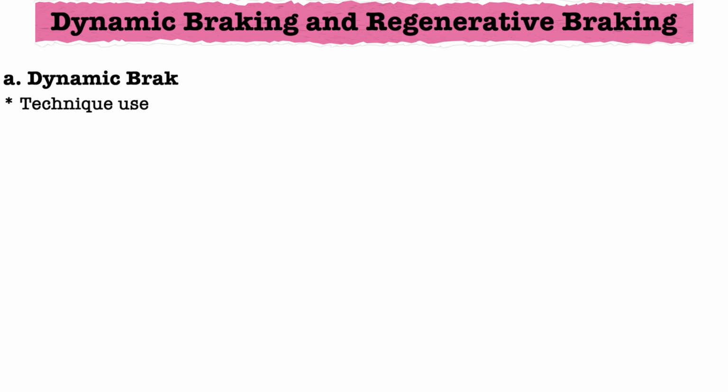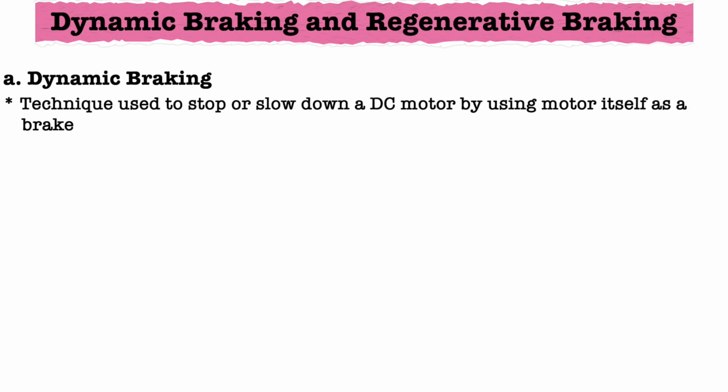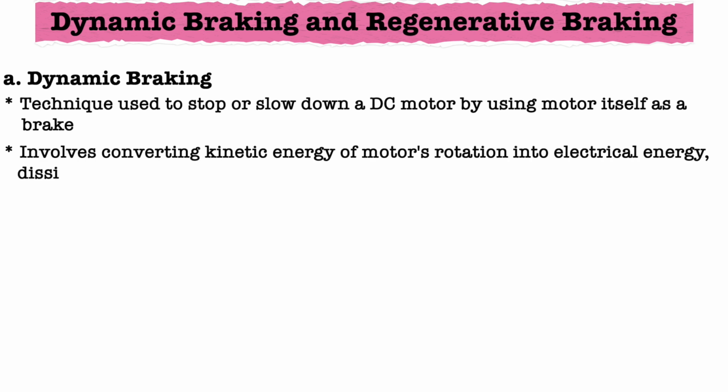Next is dynamic braking and regenerative braking. Dynamic braking is a technique used to stop or slow down a DC motor by using the motor itself as a brake. Dynamic braking involves converting the kinetic energy of the motor's rotation into electrical energy, which is then dissipated as heat.